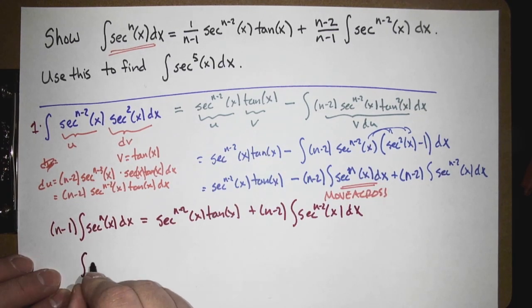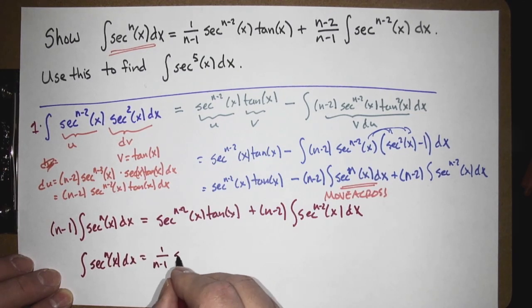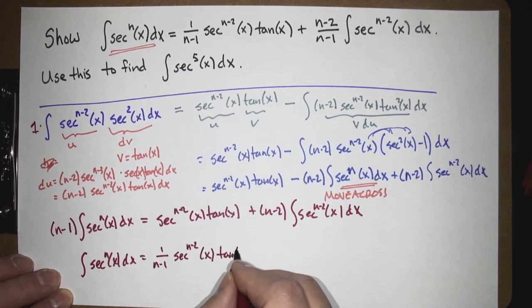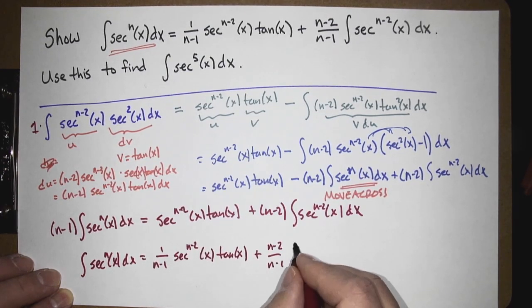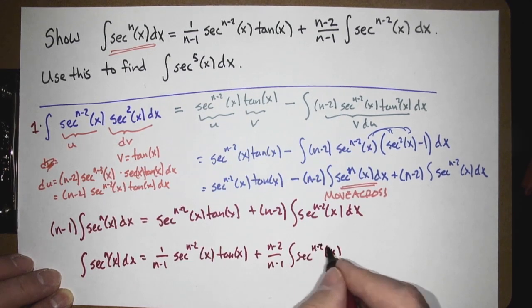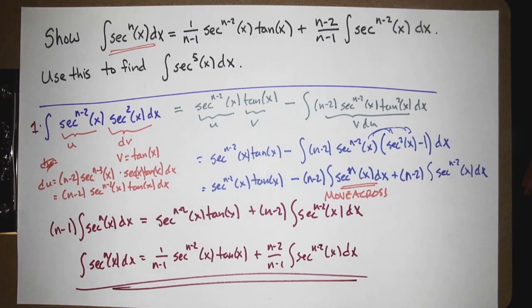So the integral secant to the n of x dx is 1 over n minus 1 secant to the n minus 2 of x tangent of x plus n minus 2 over n minus 1 integral secant to the n minus 2 of x dx. Okay. Whew. We finished the show.